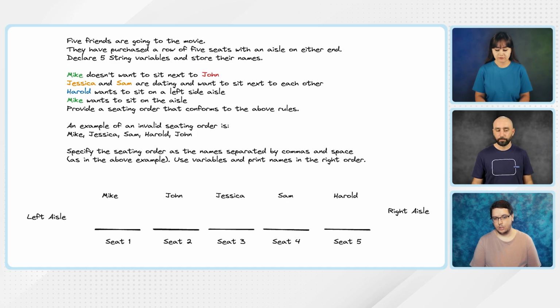So here, Ozzy, we can assume that we have 5 variables: seat 1, seat 2, seat 3, seat 4, and seat 5. So they can be our variables. And as you see, on the left side we have the left aisle, and on the right side we have the right aisle. So we can assume that seat 1 is going to be right next to the left aisle, and seat 5 is going to be right next to the right aisle, right?